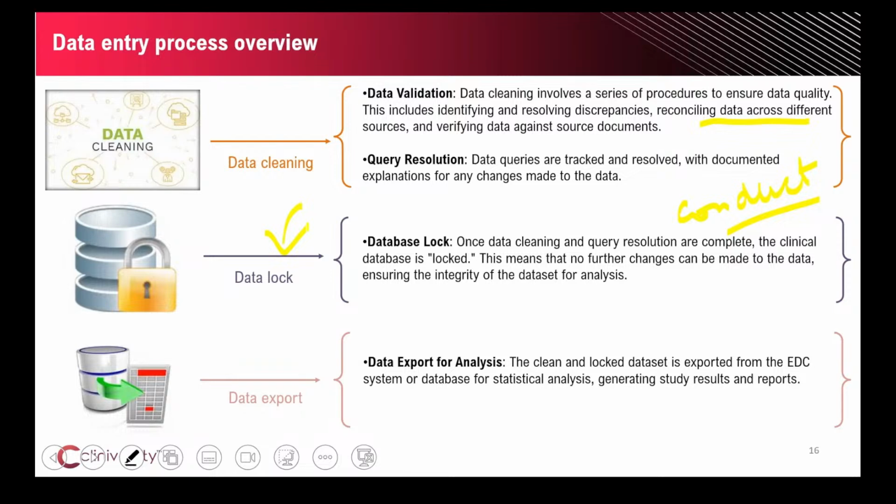Let's say a protocol checks the survival rate. When there are X number of deaths in the study, the protocol would stop recruiting. If that happens, then there will be data cleaning processes done and the database would be locked.